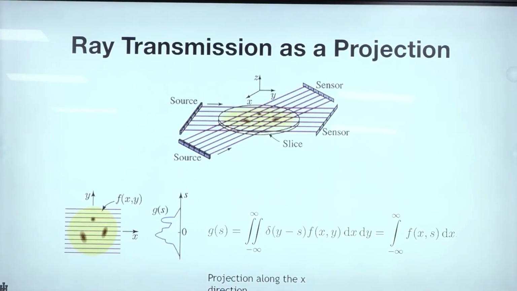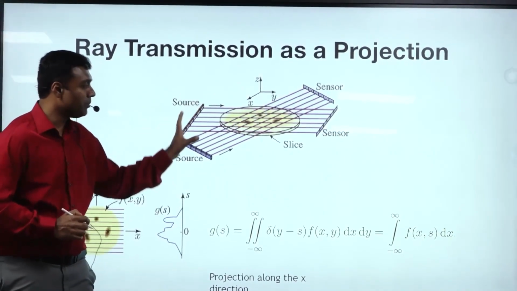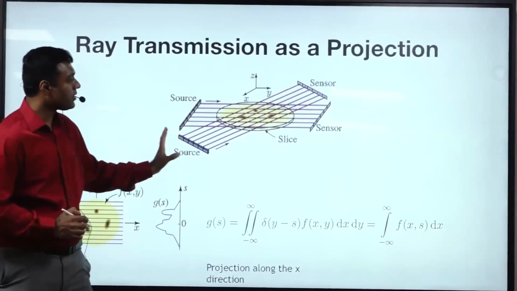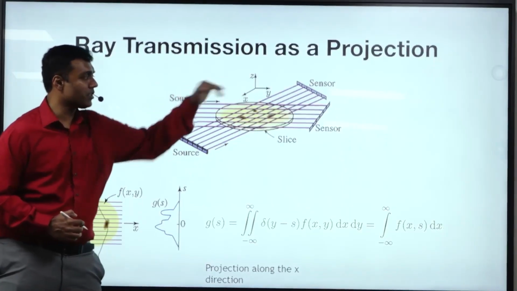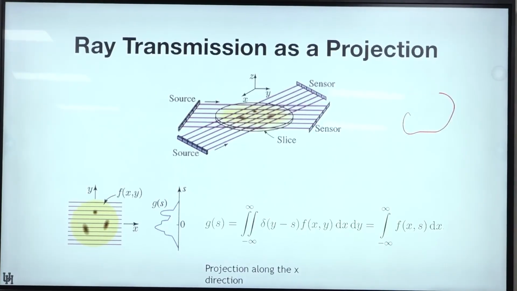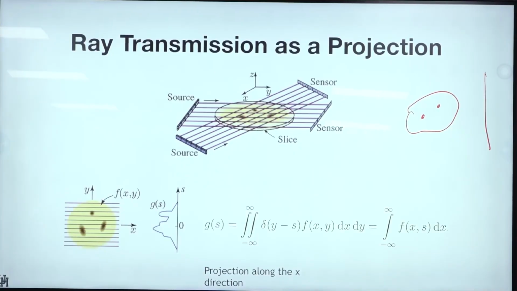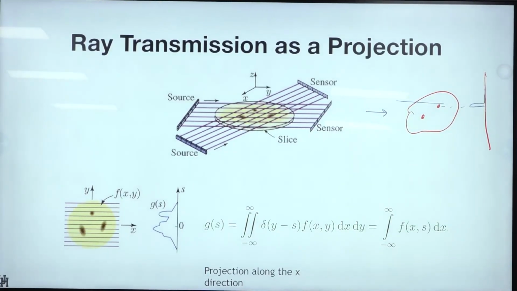The basic principle is that you look at the object from multiple different points of view. Each measurement is essentially a projection. If you have an object with, say, two dots, you look at it from this point of view, light goes like this, and you have one peak here and another peak here.